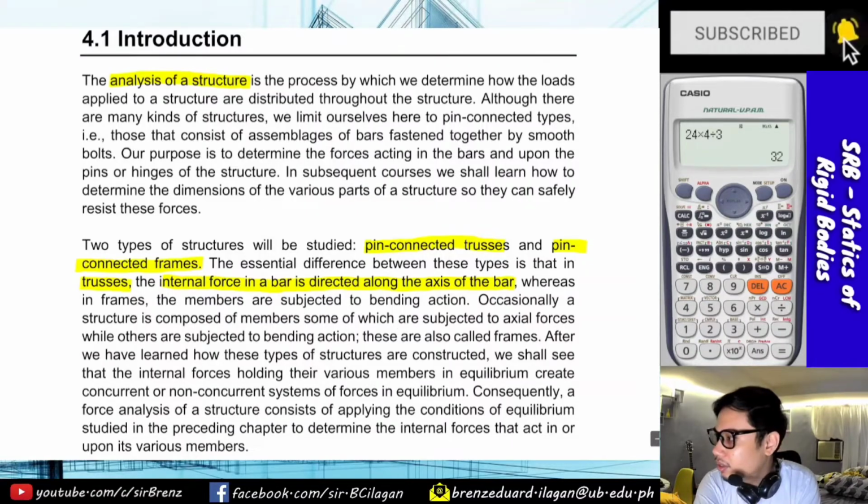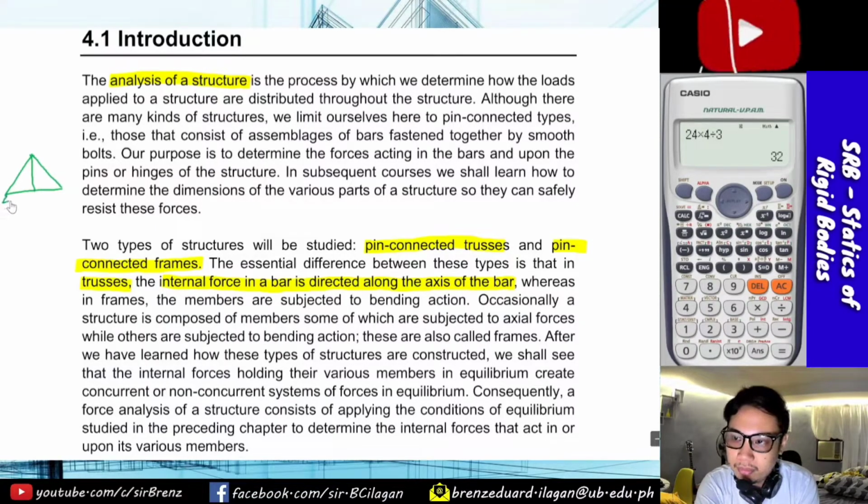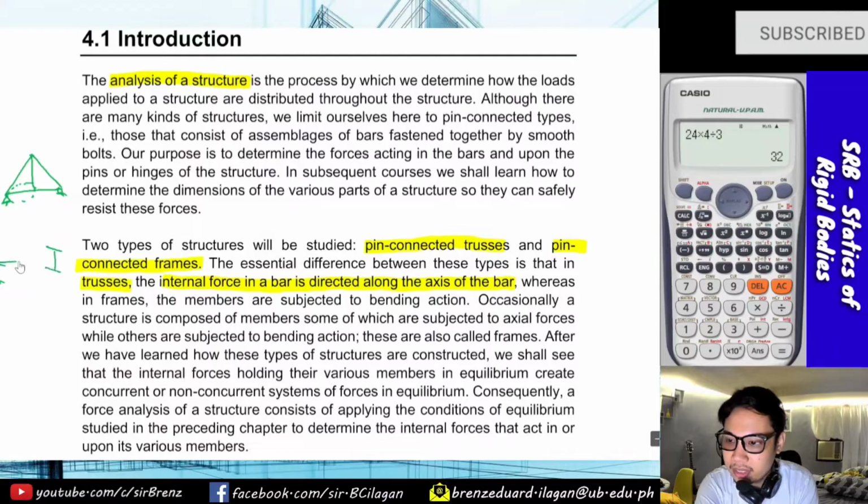Okay? So, meaning, if meron kang truss, for example, gawa lang ako ng isang simple truss. Ayan. So, kapag itong member na to, in-isolate mo, ayan. So, for example, I-section yung makikita natin na section na ginamit.